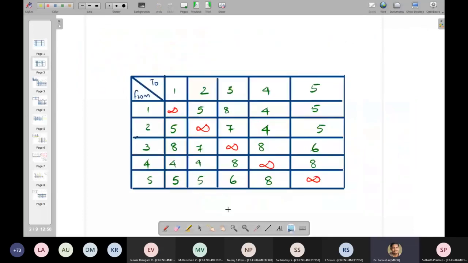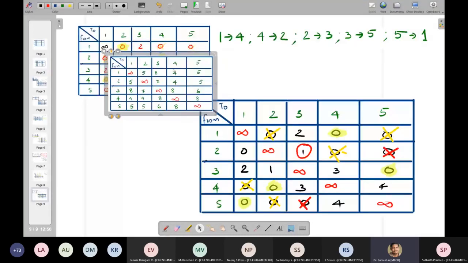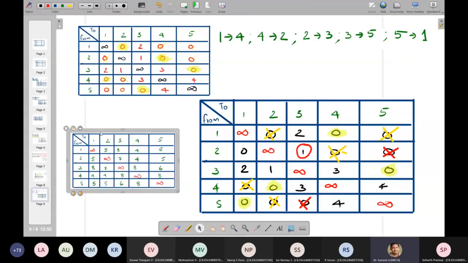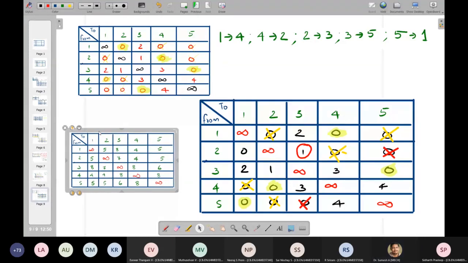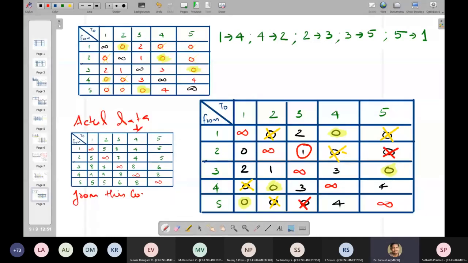So I have gone to page number 9 and to the current page. So this is our actual problem given. This is our actual data. Now from this, calculate the cost of assignment. So what will be the cost of assignment? I have selected this 4. I have selected this 7.